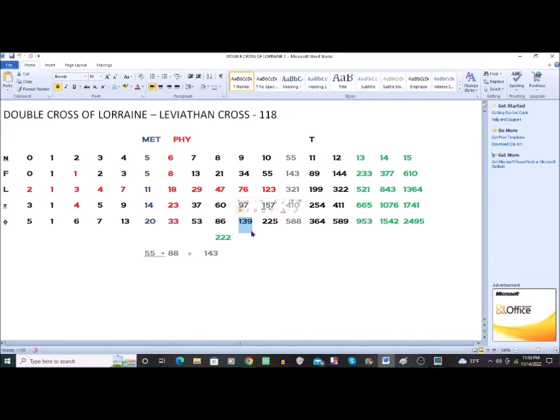So 139, which would also be 361, happens to be 4 days inclusive in front of this day here.